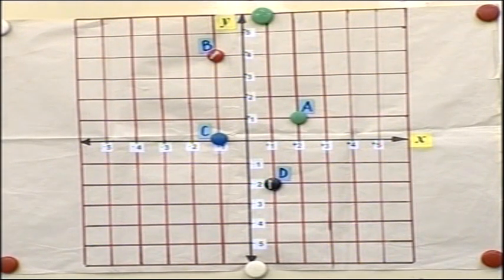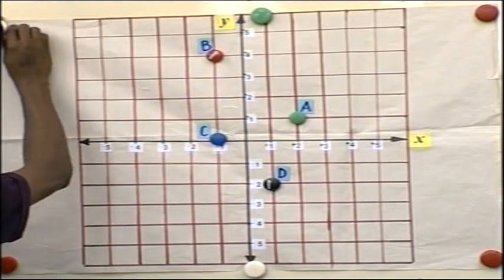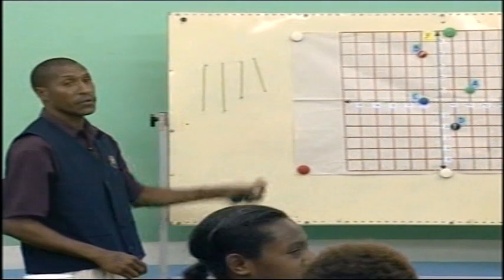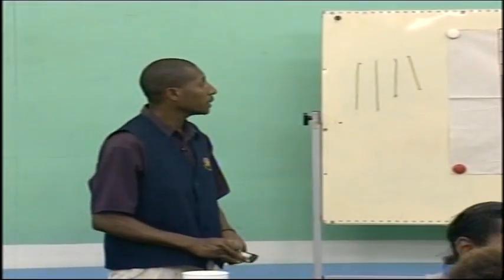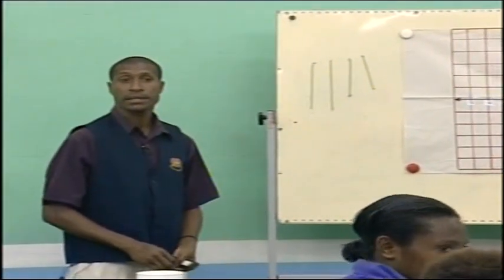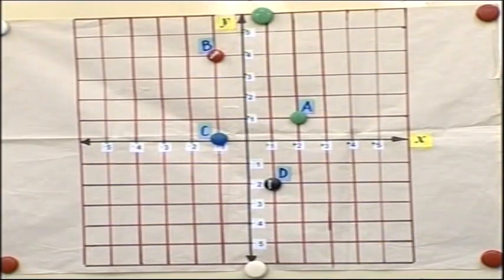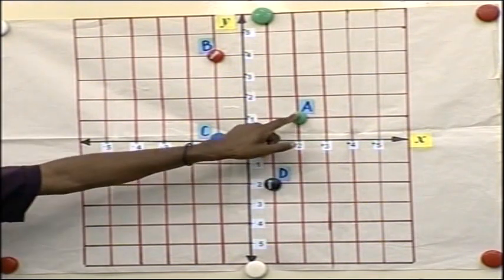Okay, are we correct with the coordinates, receiving students and 7Es? Have our 4 friends correctly plotted the coordinates on the chart? Yes or no? Yes. Let's see. A coordinate, +2 and +1. Okay, yes, correct.